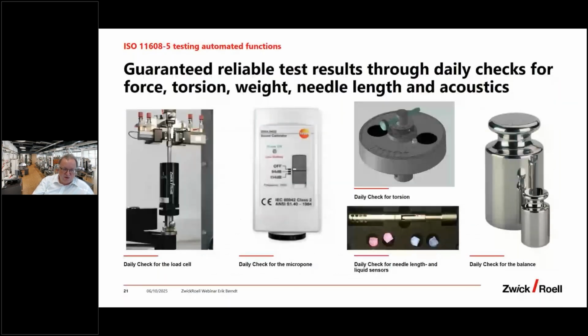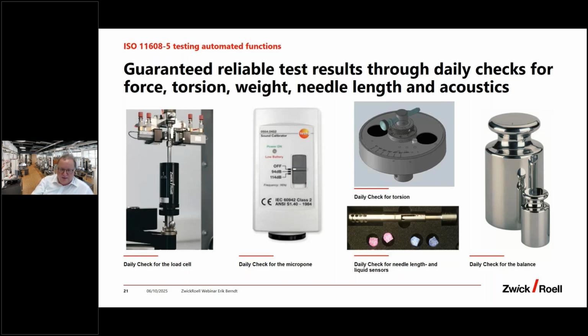At the beginning of the movie, we have seen also daily checks, very important, not only in autoinjector. At the moment, the whole medical and pharma industry is using daily checks. So this means we normally have a calibration, a yearly one, but we want to see if there is some failure over this time. So we are not checking every time on the calibration level. We are just looking if there's some mechanical failure in a larger range, and this we can do with these sensor checks.